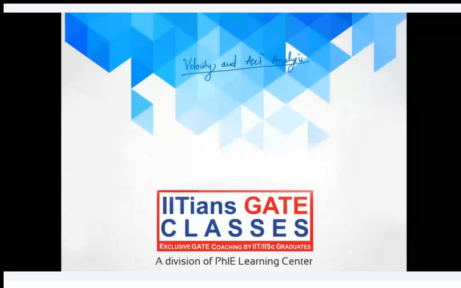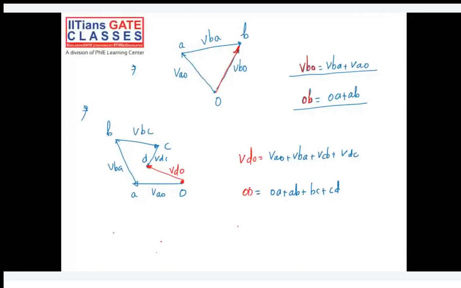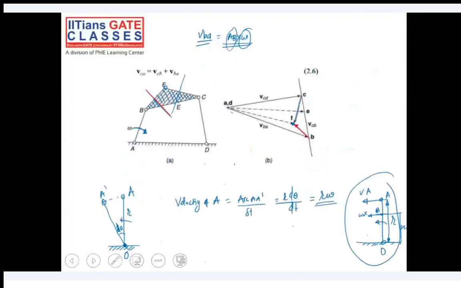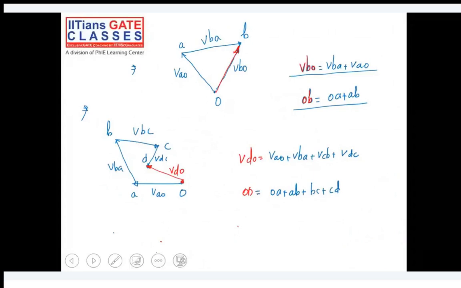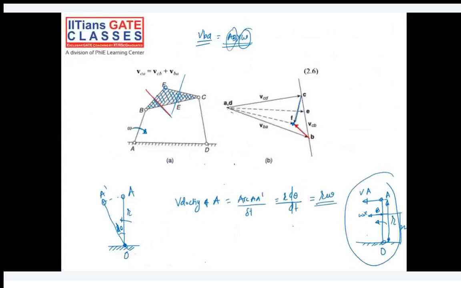We understood some basic vector addition, and after that, we understood that for a single turning pair, if we have a link which is rotating with angular velocity omega, and r is, let's say, the length of the link, then the velocity at the other end, with respect to the fixed end or the hinge end, will be r omega.